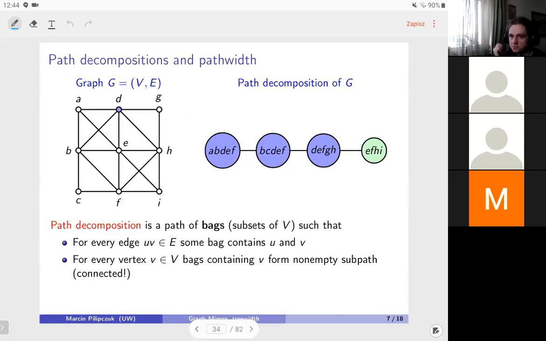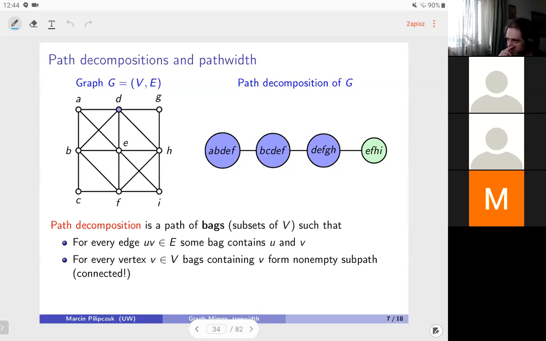Okay, so this is really now departing from the interval model from the previous slide. We can say that a path decomposition of a graph is a sequence of subsets of vertices that we call bags, such that every edge is contained somewhere, so these two vertices meet in some bag, and every vertex appears in a consecutive segment of bags. Yeah. So the first one corresponds to the intervals of an edge overlapping, and the second one corresponds to the fact that every vertex gets an interval.